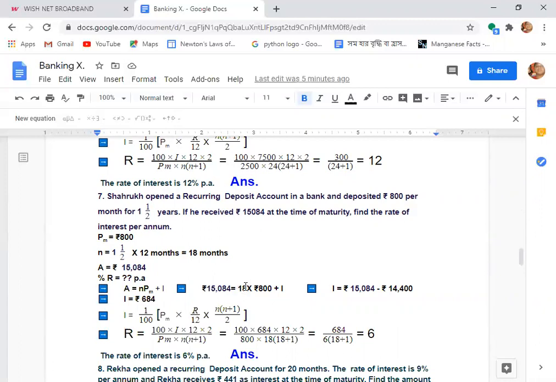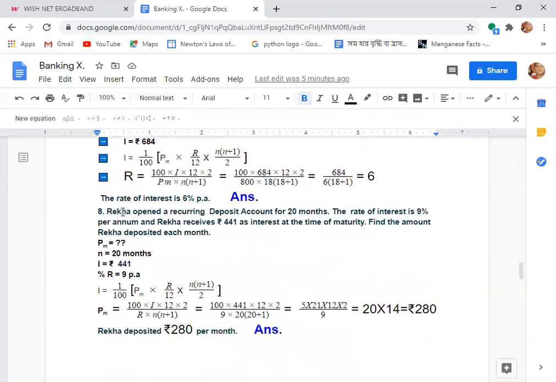We just multiplied the number of installments, that is 18, into the per month installment, 800. So it will be 14,400. Subtract from 15,084, we got 684. We put the values in the respective variables, and from that we got the rate of interest as 6%.